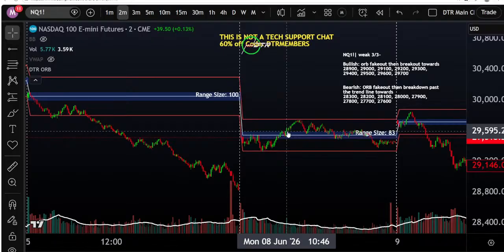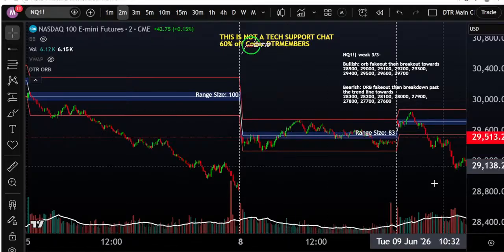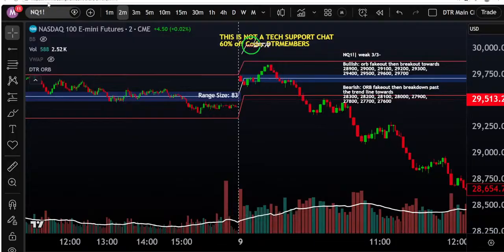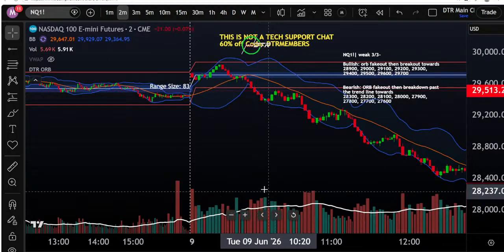When I transitioned to trading futures, which are a more efficient day trading mechanism, the Bollinger Bands just started giving me far fewer setups. But the ORB is effectively the same concept as a Bollinger Band, except it's a bit more static, right? So, I still have my Bollinger Bands here.